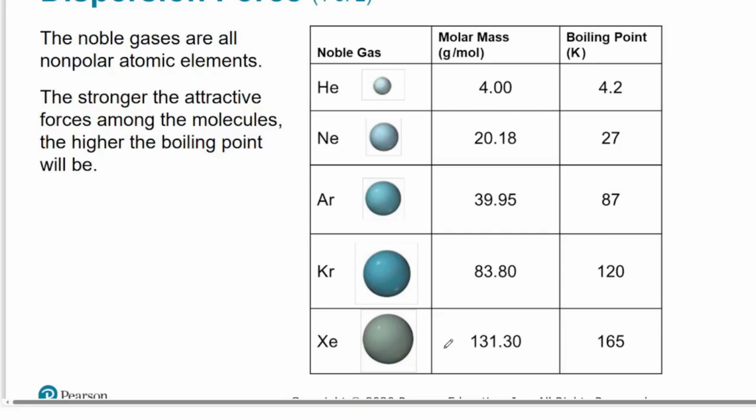So the increasing molar mass, increasing down the column on the periodic table, increases the boiling point along with it. So helium has, and this is in Kelvin, a boiling point of 4.2, neon is 27, argon is 87, krypton 120, and xenon 165. So these are all still gases at room temperature, but their boiling point increases relative to the size of the electron cloud around those atoms.